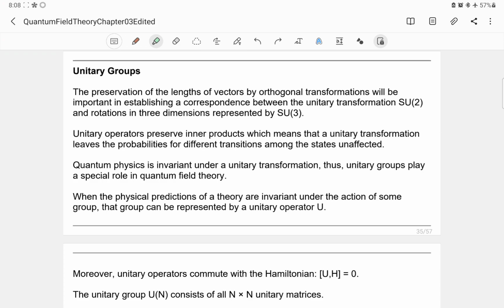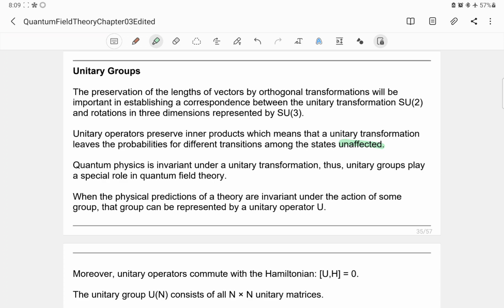Unitary operators preserve inner products, which means that a unitary transformation leaves the probabilities for different transitions among the states unaffected. Under a unitary transformation, quantum mechanics is invariant.